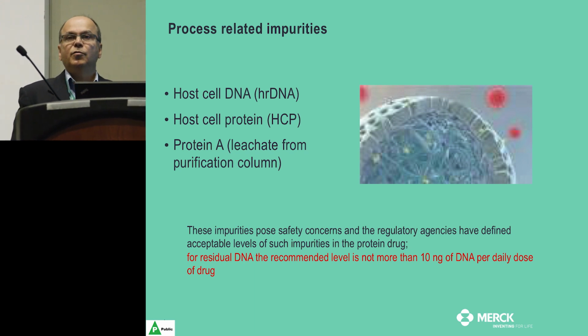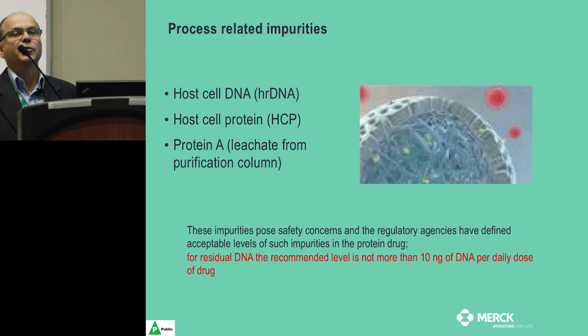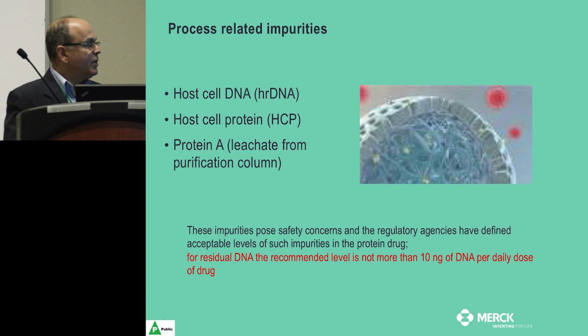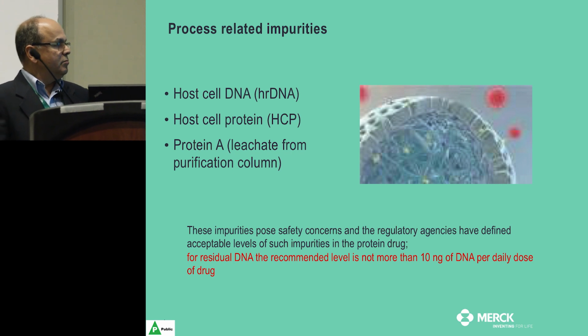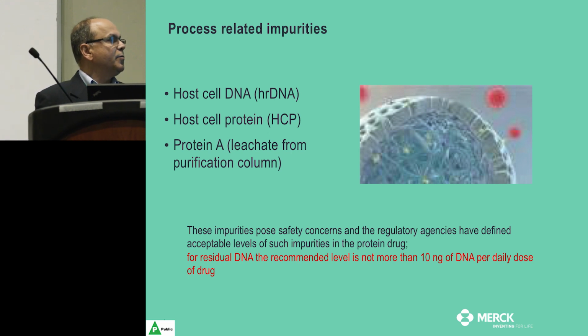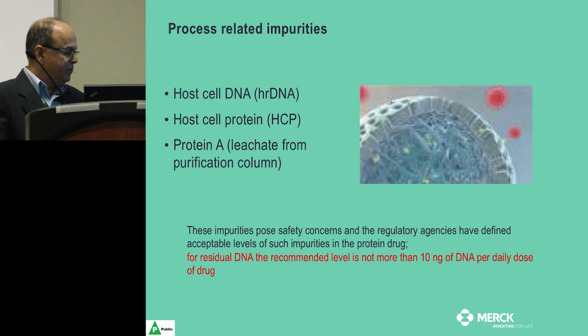In most monoclonal antibody drugs are purified with the protein A column, and some of the protein A in the column leaches out and has to be monitored in the drug substance. So these impurities pose safety concerns, and specifically for residual DNA, the recommended level is 10 nanogram of DNA per daily dose of drug.